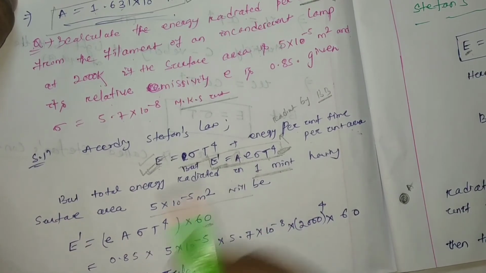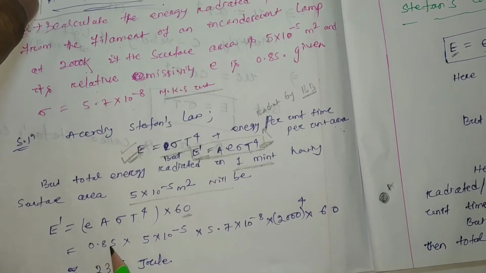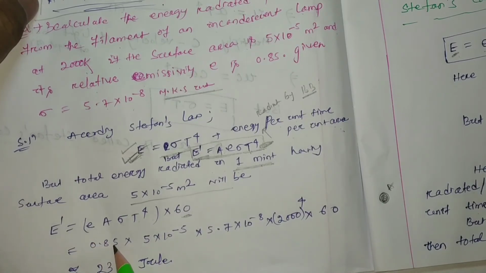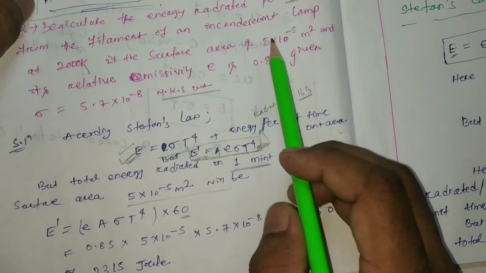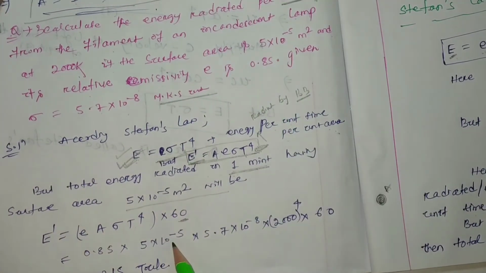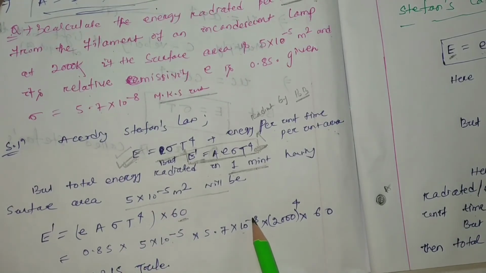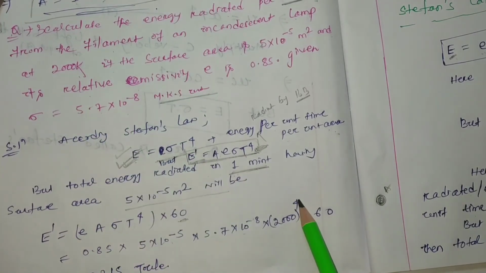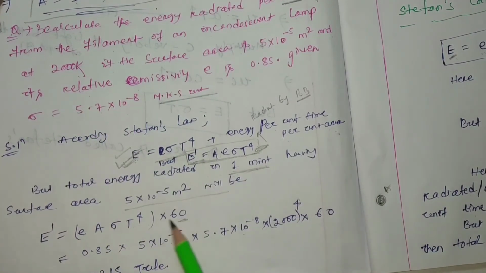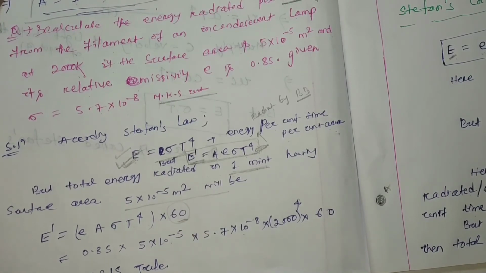Very simple. So we substitute all the values. e value is 0.85 and A value is 5 into 10 to the minus 5. Sigma is 5.7 into 10 to the minus 8, and T is 2000 Kelvin, 2000 to the power 4, into 60. In 60 seconds it will be approximately 2315 joule.